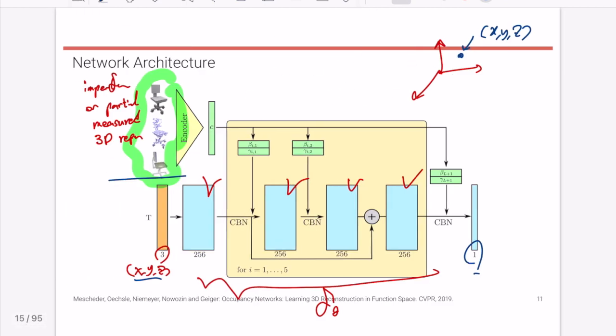I will skip the details of the CBN and the beta and gamma, so if you want to know the details, please check this paper. But in this lecture, this is the kind of neural network that contains some learnable parameter theta.